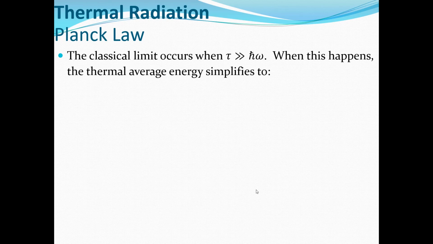And that's going to occur when tau is much greater than h bar omega. Basically, it relates to the temperature energy or the kinetic energy being much bigger than the photon energy. So if we take the energy of the photon, if tau is much greater than h bar omega, then that E function is going to simplify to this term.